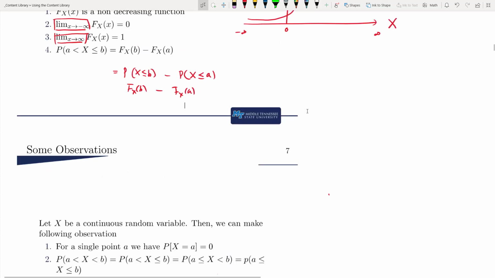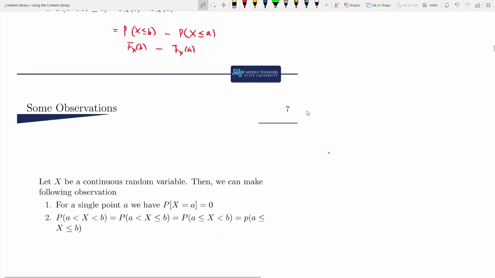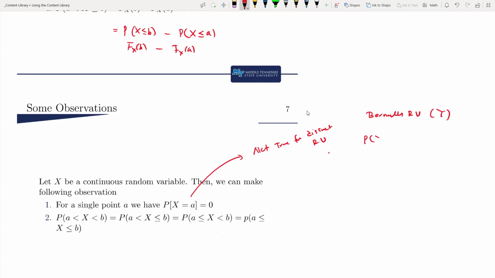One of the properties of a continuous random variable is that at a single point its probability equals 0. This is not true for a discrete random variable. For example, if you take a Bernoulli random variable, let's say it's Y, you will have a situation that looks like this. Probability Y equals 1 is, let's say, 0.7.